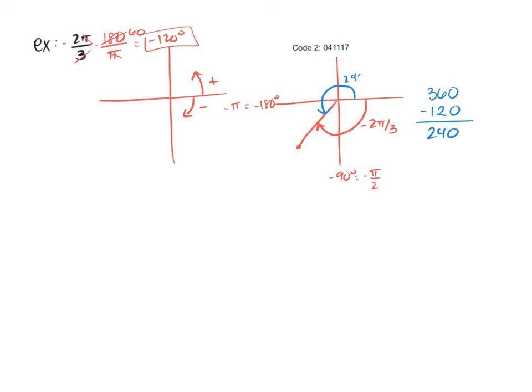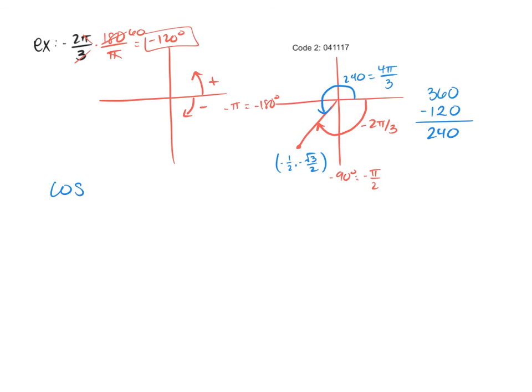So this is 240, also known in radian measure as 4 pi over 3. Okay, so now that we have our corresponding angle, we can go off of the unit circle here, and we know that at 4 pi over 3, we've got negative 1/2, negative square root 3 over 2.